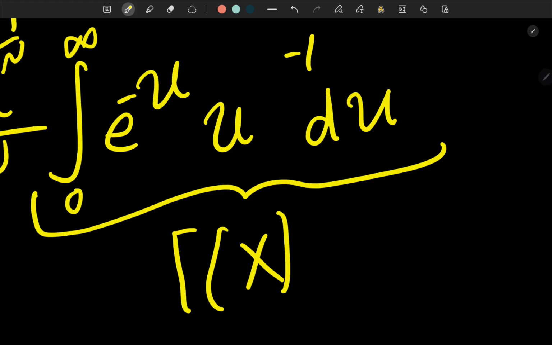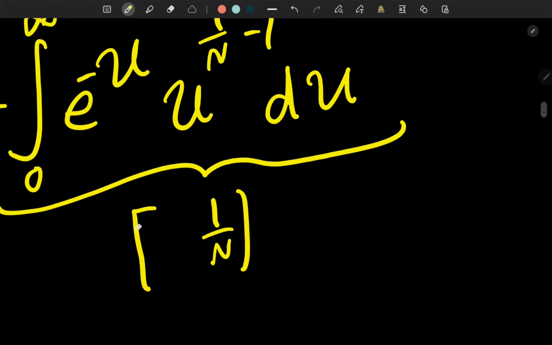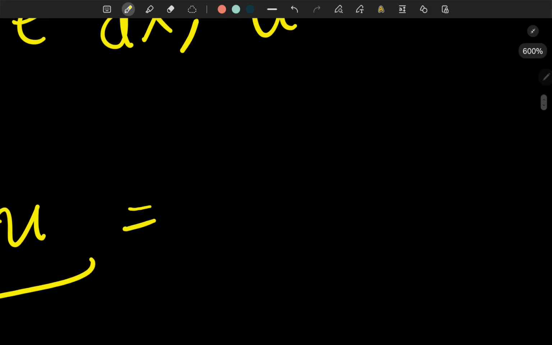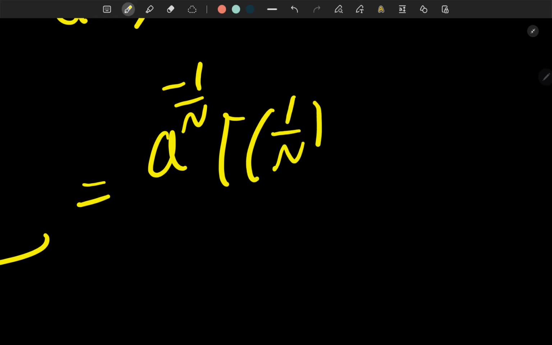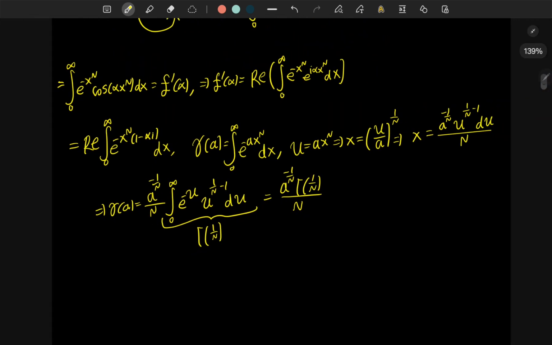But if we let x equal 1 over n in this case, that would be the integral we need for gamma of a. Okay. Very nice. Okay, cool. This is true.